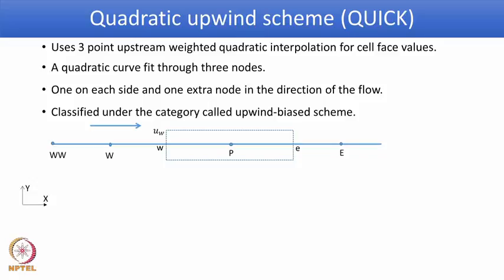And you decide to have a coordinate definition as shown here, x and y. With respect to the coordinate definition, the flow is from left to right and it is positive.